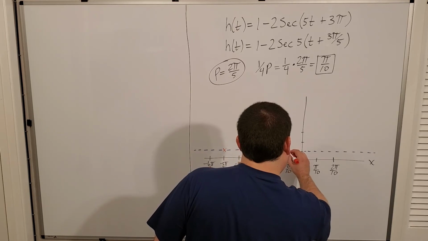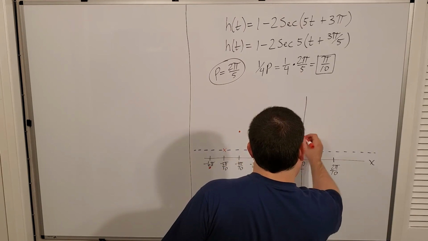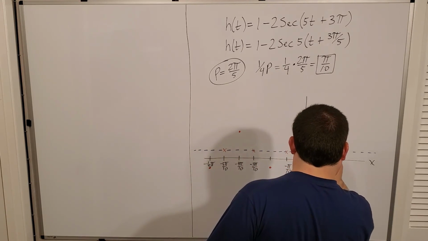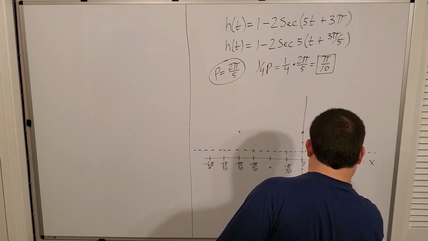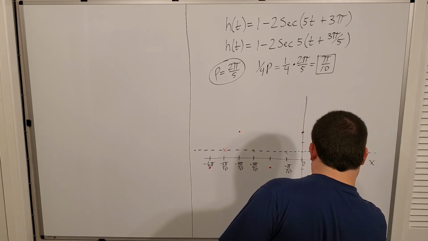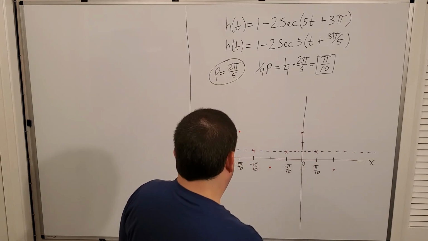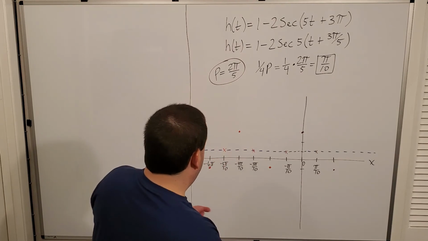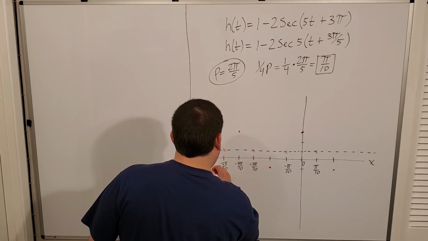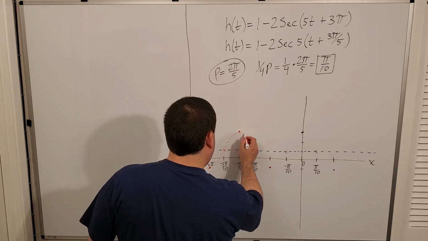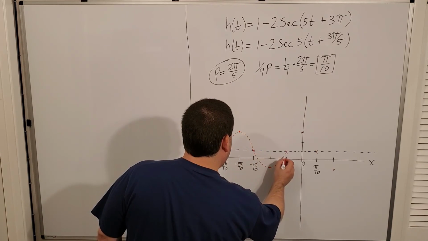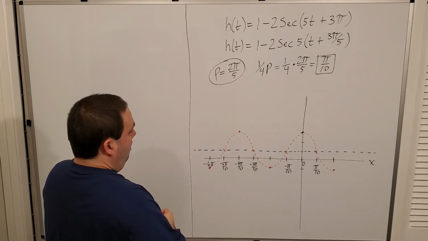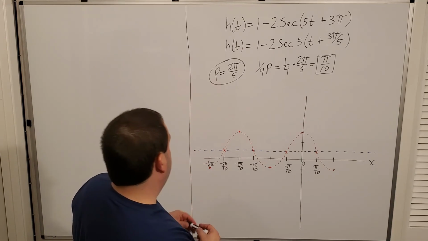Then I'll be back up to the center, then back up to the top, and then back to center. And at 2π/10, I'll be at the bottom again. Okay, now remember, I need the asymptotes in order to graph the secant part. My cosine technically is just doing this, approximately. My secant needs the asymptotes.